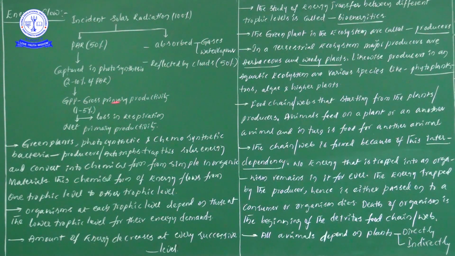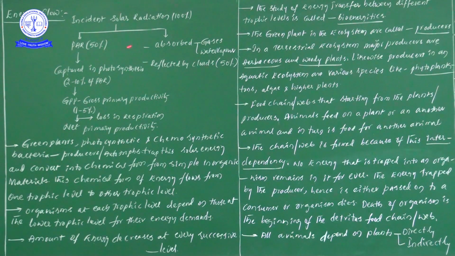Yesterday I also gave this information, but I would like to explain it one more time. On the right side, you see that we have taken incident solar radiation as 100%, but photosynthetically active radiation as only 50%. Where is the remaining 50%?